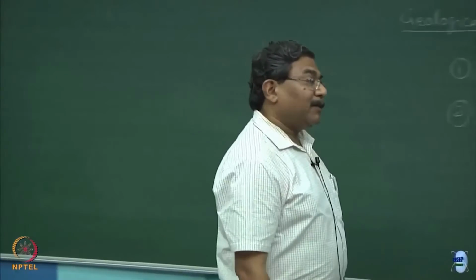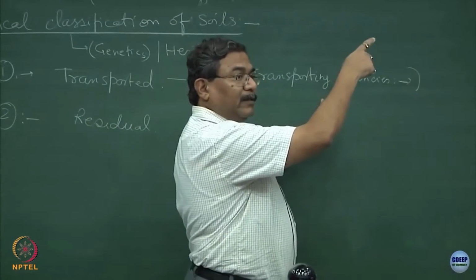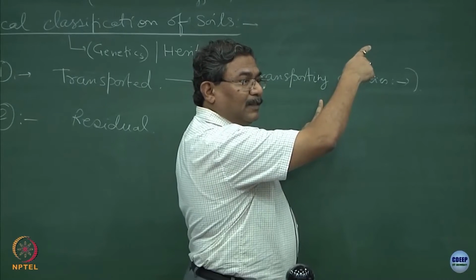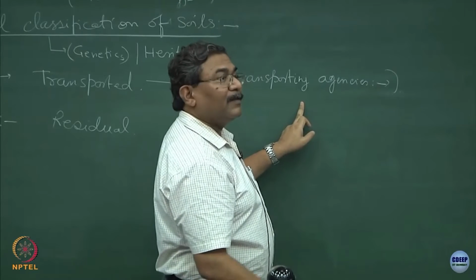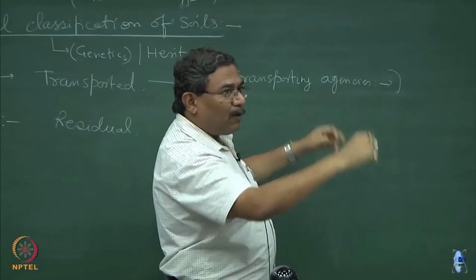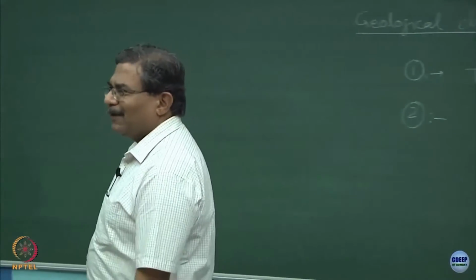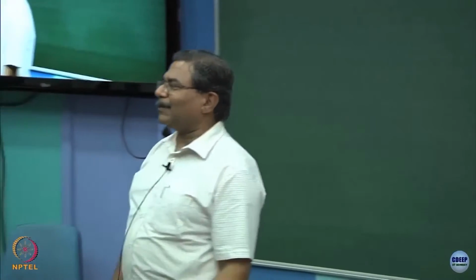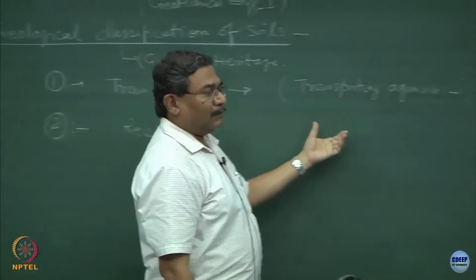So why ice becomes a very important carrier or transporting agency? You go to another continent, Scandinavian countries, Norwegian countries, the countries where most of the time the entire thing remains snow bound. There is no free water on the surface, clear. So it is not possible that the rivers are going to carry anything from one place to another place, clear. So this is totally because of the ice effects the transportation could occur.